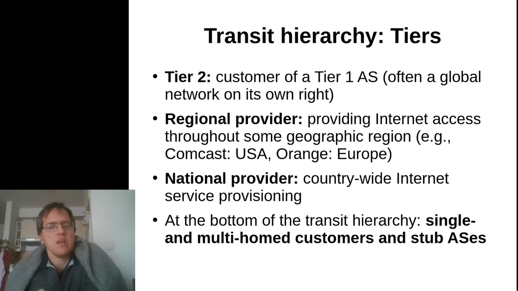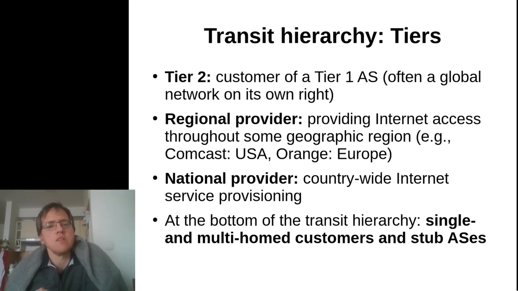But of course, Orange is also tier 1, so this anticipates that this distinction will not be too exact, and there are a couple of loose edges or corner cases that are not correctly classified by this tier-based separation. Regional providers typically provide transit service to national providers.